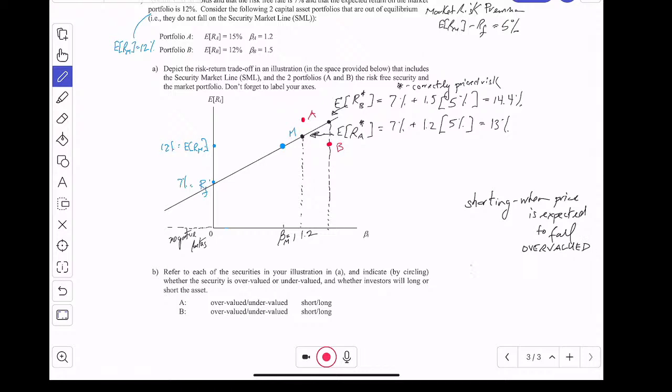That's when you short. And you long an asset when you believe the price is expected to rise, so it's currently undervalued.